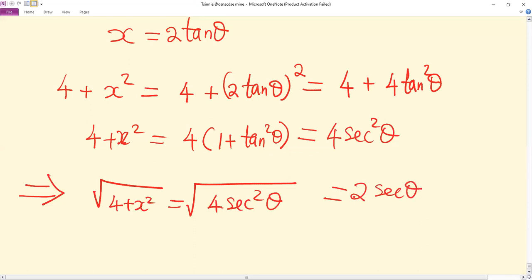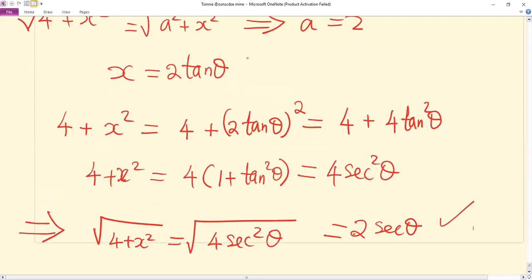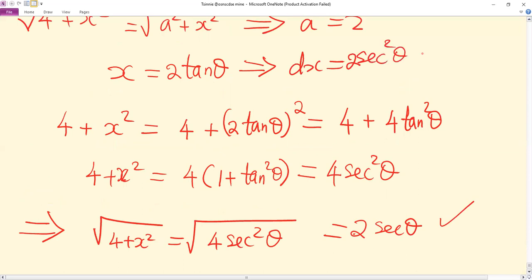And so the square root of 4 plus x squared will be replaced by this. And from what we have said here, this implies that dx is the same as 2 sec squared theta d theta, integrating tan, you get sec squared.